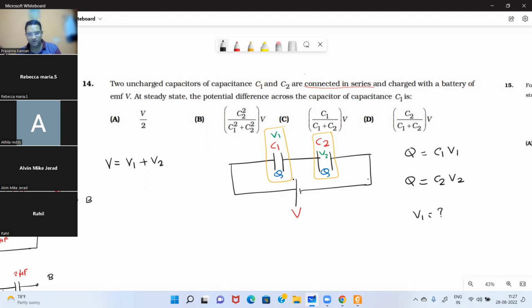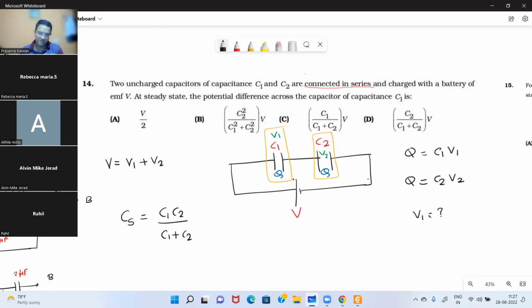Suppose, can you tell me what is the total charge in the capacitor, right? So we know what is the effective capacitance of these two capacitors, CS. CS will be equal to C1 C2 by C1 plus C2. That's the total capacitance.